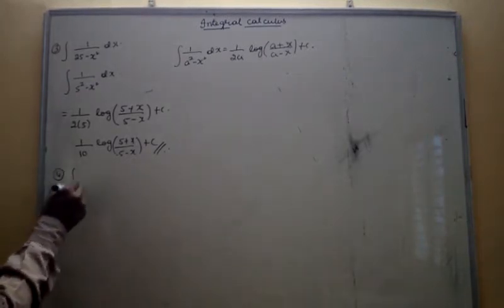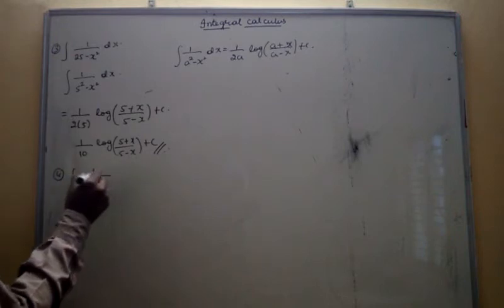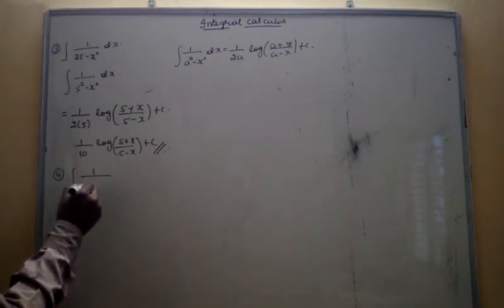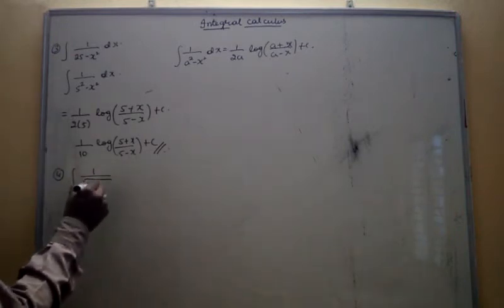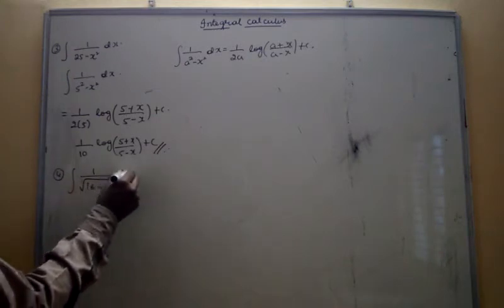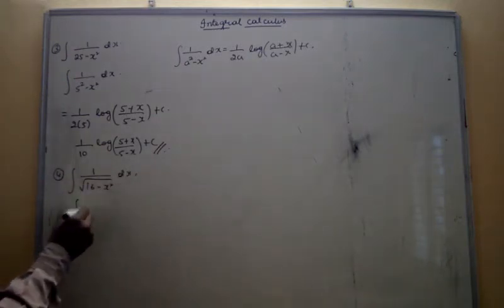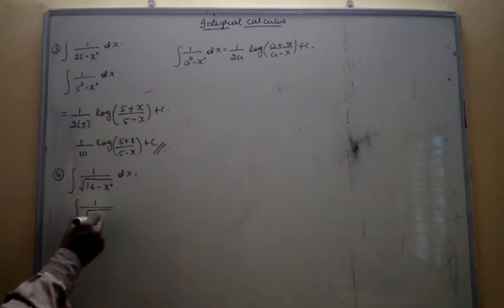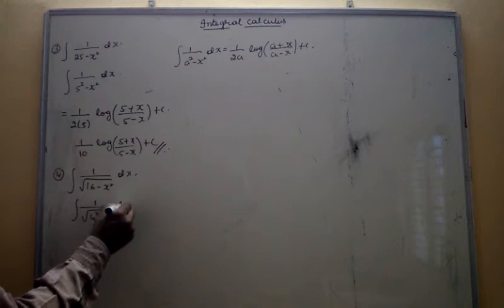Fourth one, integration of 1 by square root of 16 minus x square dx. Okay, this can be written as 1 by square root of 4 square minus x square dx.